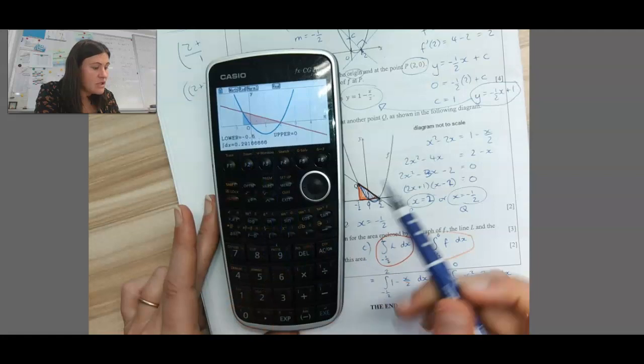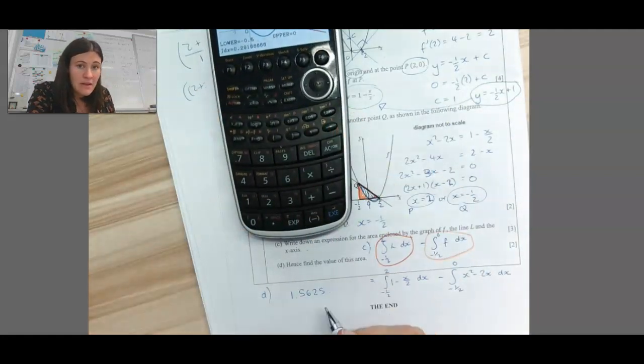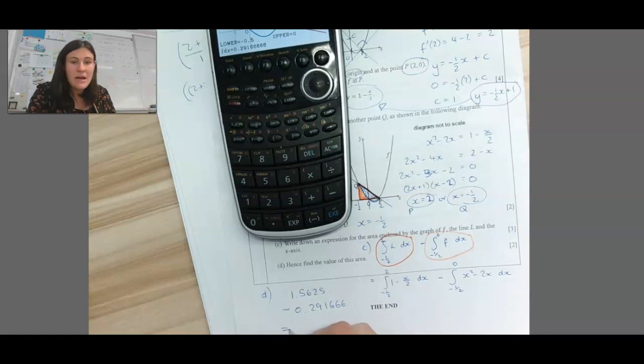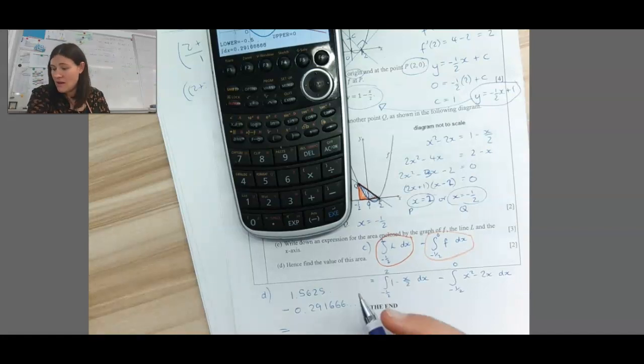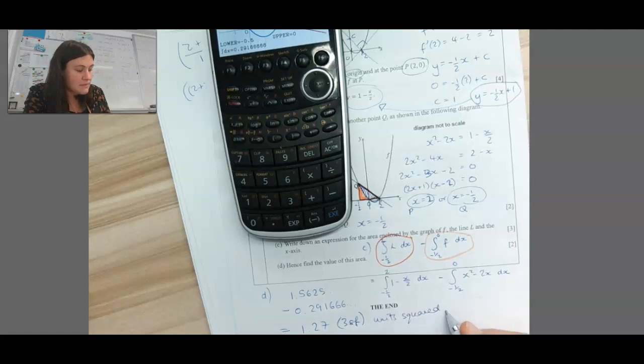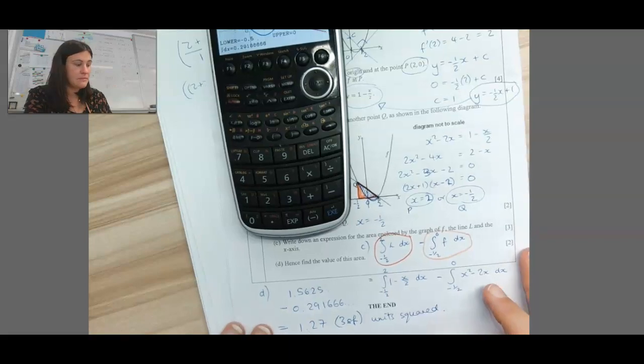So I can see that part is shaded. That is 0.2916666. And then I just calculate that. It comes out as 1.27 when rounded to 3 significant figures, and I would put units squared because it's an area. And we're done.